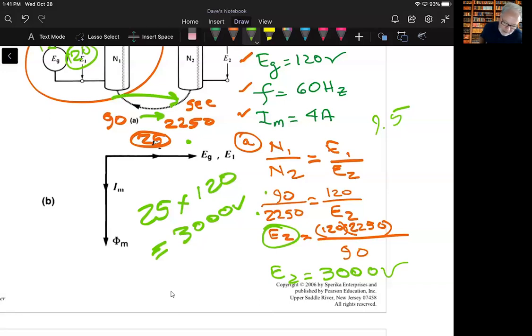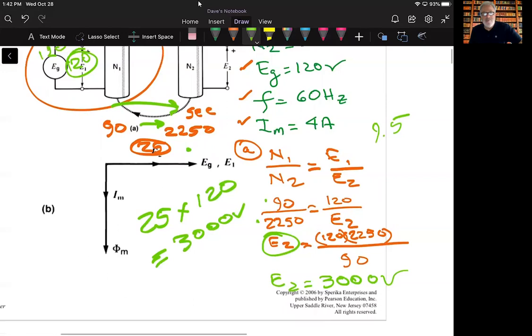In the second part of part A, he goes through that calculation, plugging into equation 9.5 and looking at those relationships. Once you get used to this, you'll just look at it and see these things. But I thought initially it might be important to go through it using equation 9.5.